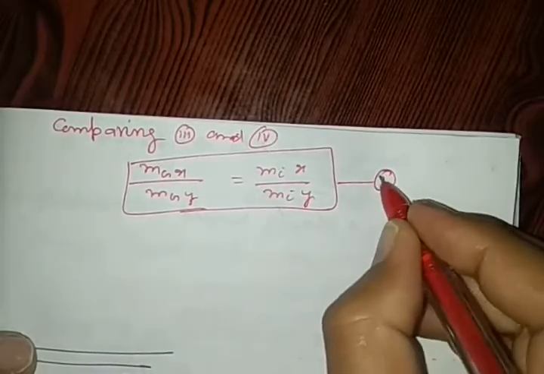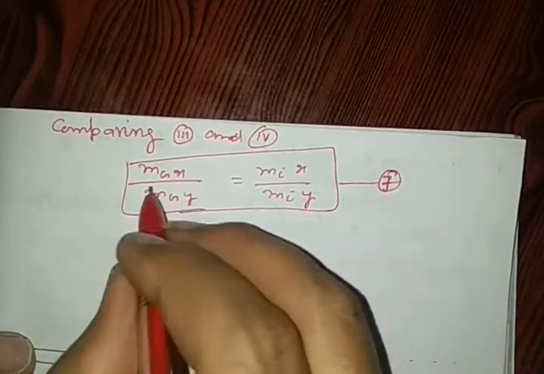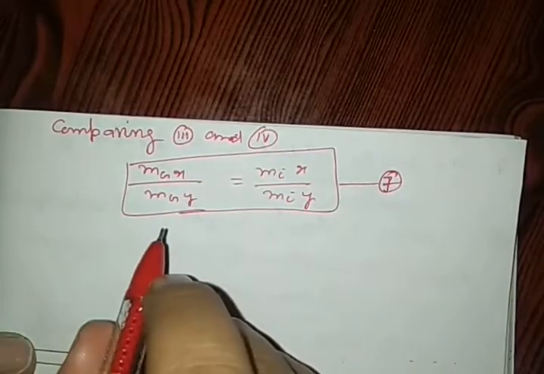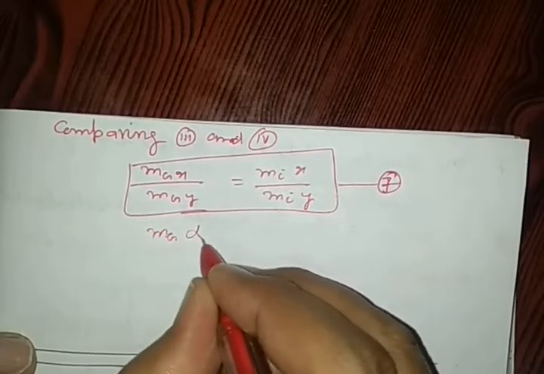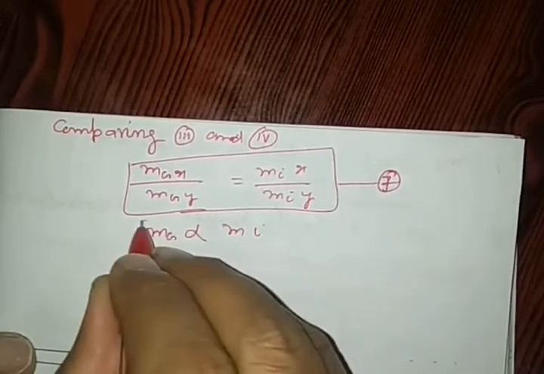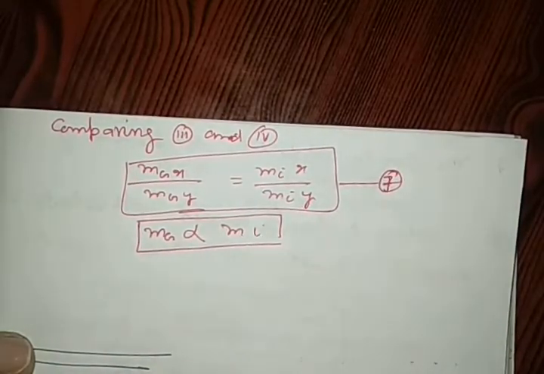Equation number 7 speaks a lot. What does it say? The ratios are equal, the first thing. Second thing, the gravitational mass of a body is directly proportional to its inertial mass. This is a very important result.